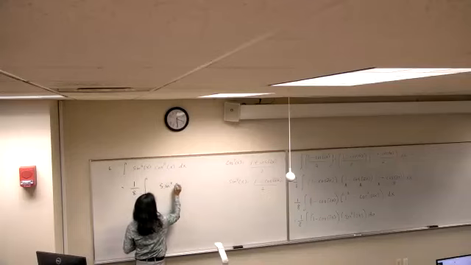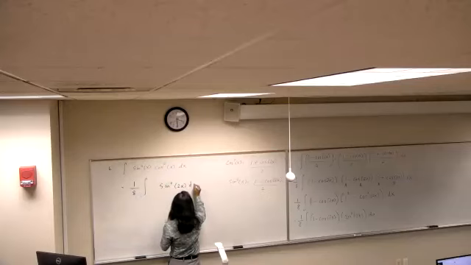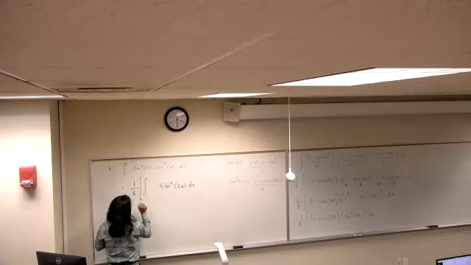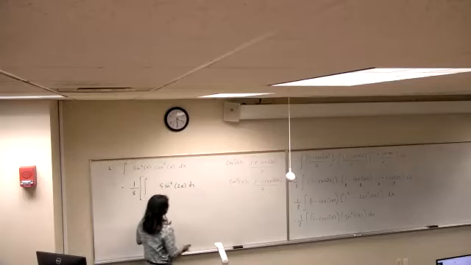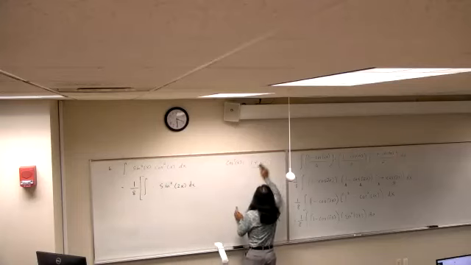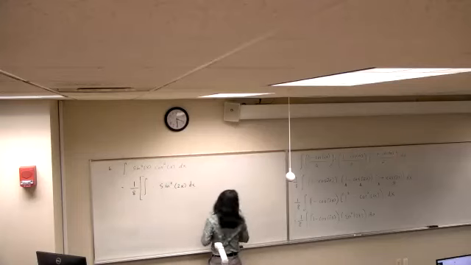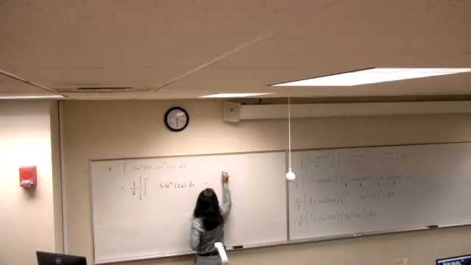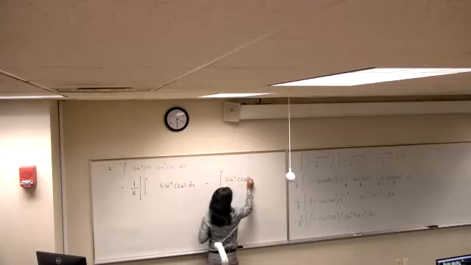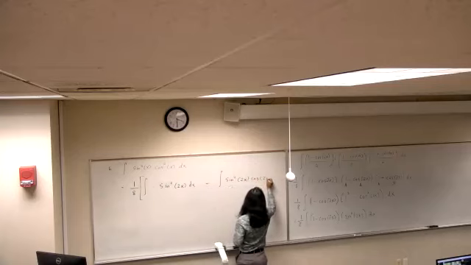So sine squared 2x dx, minus sine squared 2x cosine 2x dx.